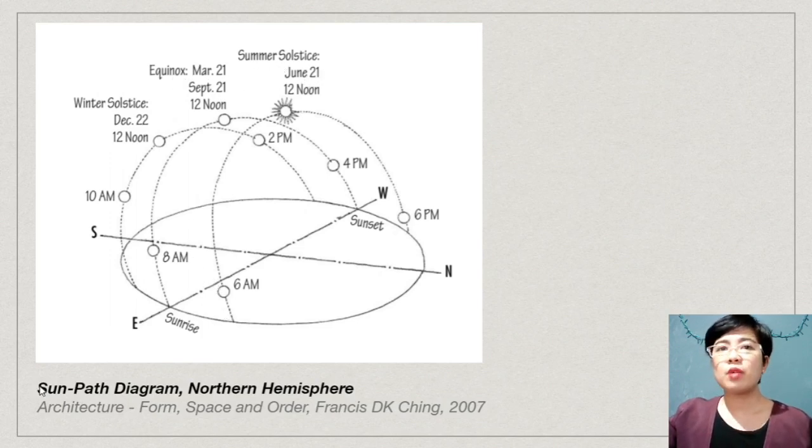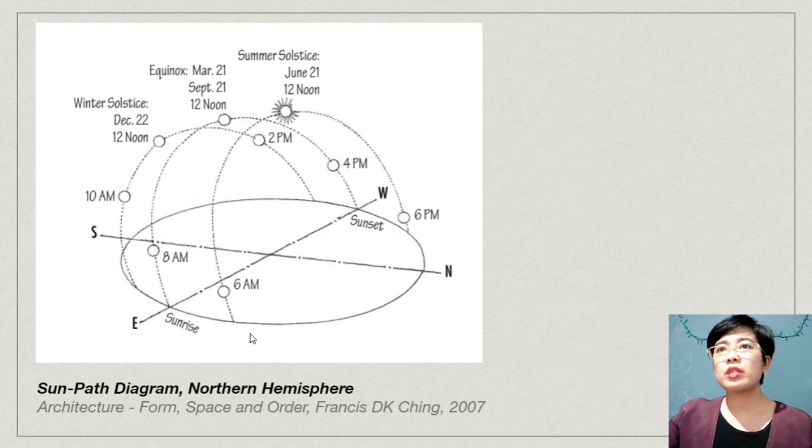So, for our location, which is in the northern hemisphere, ganito yung itsura niya. So, starting from the east going to the west, kung mapapansin ninyo, tuwing winter solstice, na banggit ko to dun sa unang video, na ang araw parang mas mababa from the horizon.